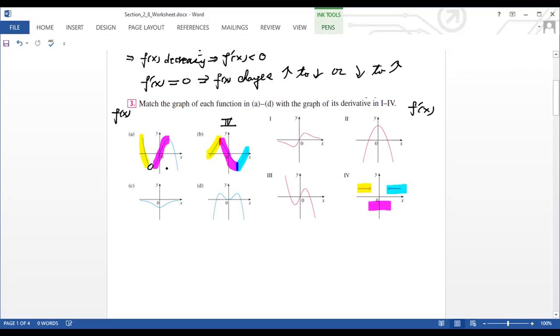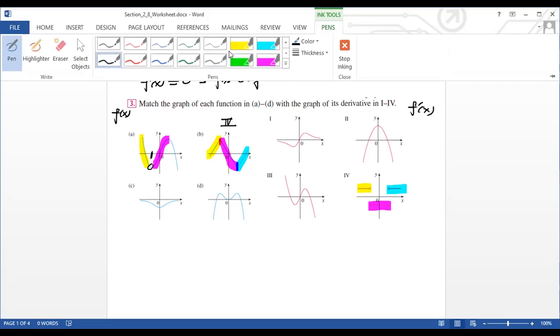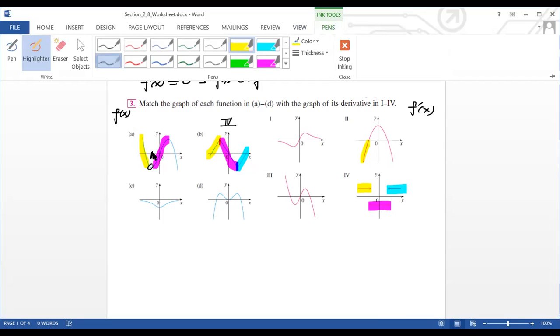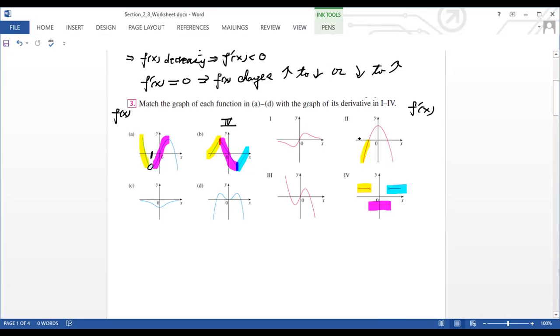Okay, so now, because there has to be something touching 0, and because this is decreasing, so my derivative has to be negative. So I know it is here, right? So this is corresponding to this one. And then when they hit this point here, they have to hit zero, right? Because we said f prime x equal to 0 is when it changes, right?